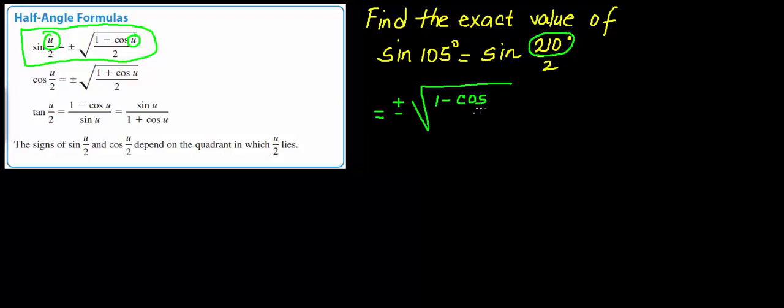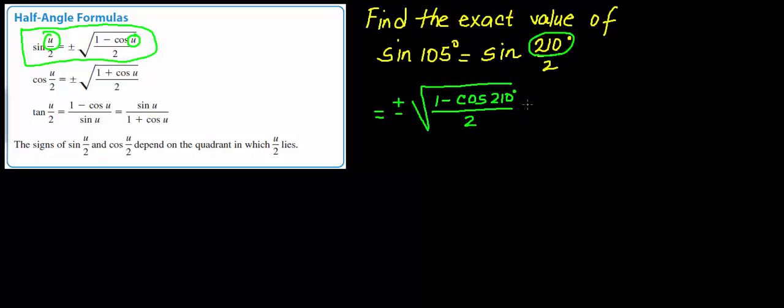That's our u. Of course, we wouldn't be able to use 105 because we don't know the exact value of 105 degrees. We do know the exact value of 210 degrees. And that is divided over 2. Very important, this 2 is inside the radical, not outside the radical.